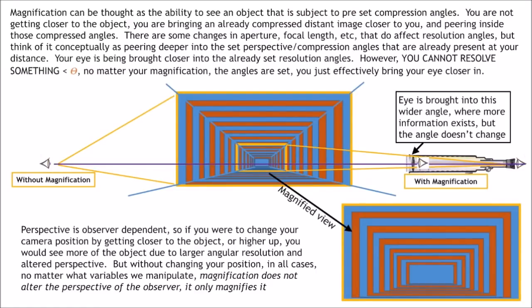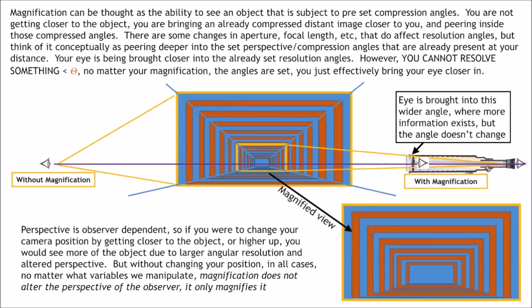Magnification can be thought of as the ability to see an object that is subject to preset compression angles. In other words, you are not really getting closer to the object. You are bringing an already compressed distant object closer to you and peering inside those compressed angles at a slightly larger angle. But the perspective doesn't change.